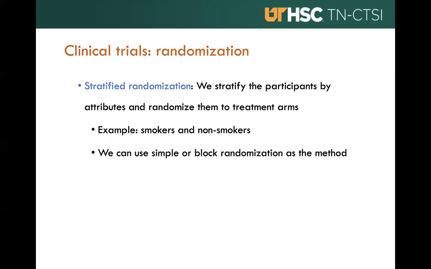So the female participants receive either the treatment or the control, and the male participants also are randomized. So the effect of gender can be taken care of like that by stratifying by gender. Another example is randomizing based on whether the participant is a smoker or not. So once we divide them into smokers and non-smokers, we randomize the smokers into the different treatment arms, and non-smokers into the different treatment arms.